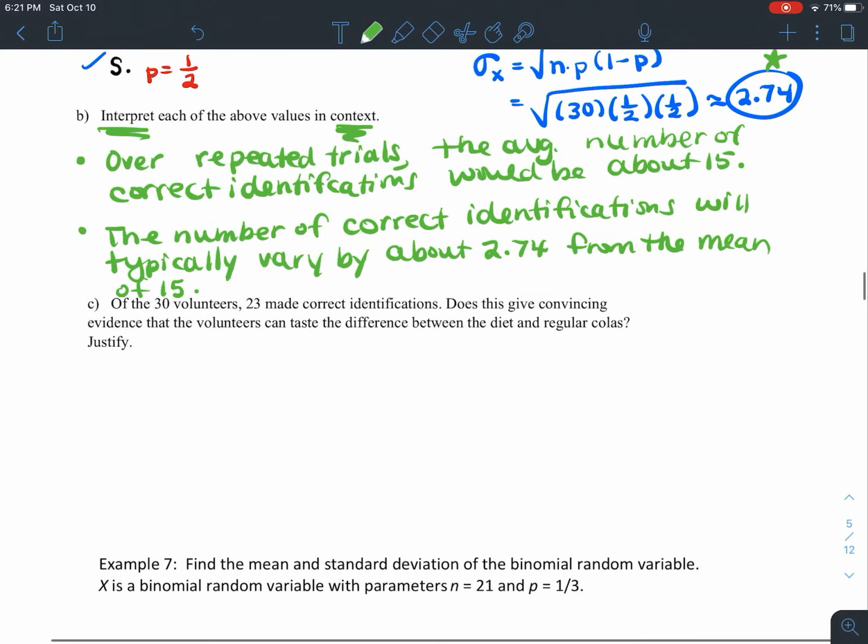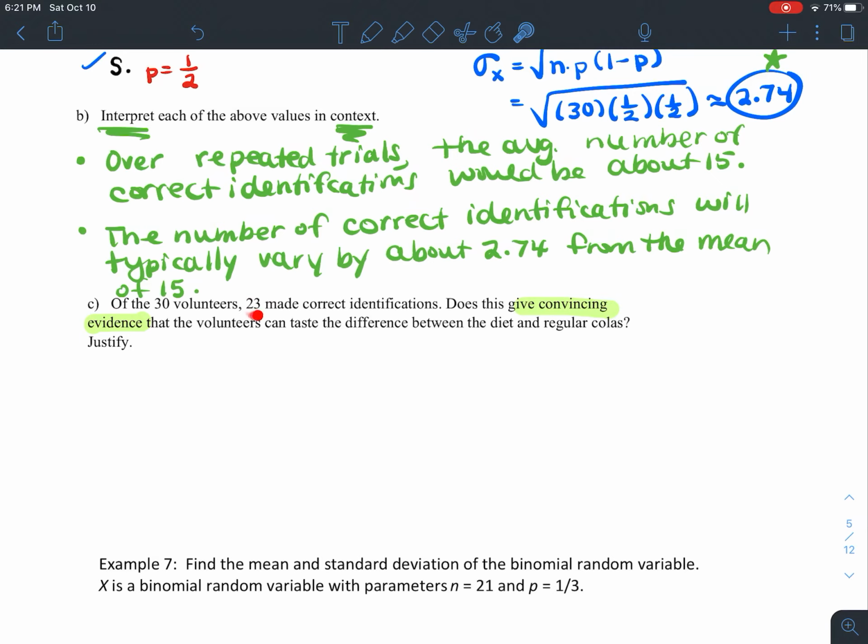Okay, let's look at part C here. It says in part C, of the 30 volunteers, 23 made correct identifications. Now the question is, does this give convincing evidence that the volunteers can taste the difference between diet and regular colas? Because keep in mind, we were actually only expecting about 15 of the 30 to correctly identify if they were guessing.